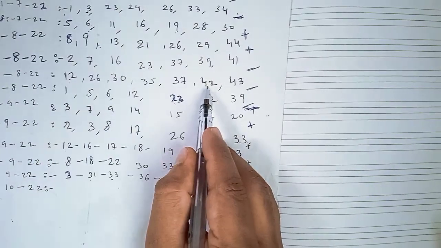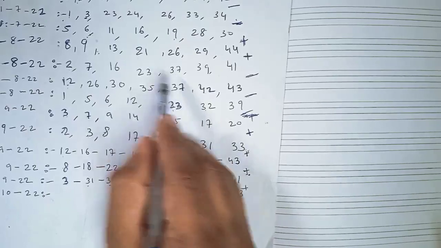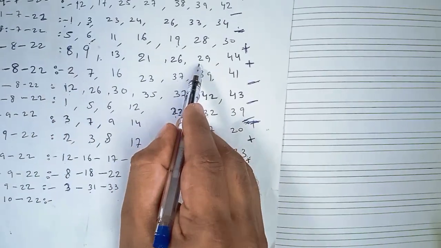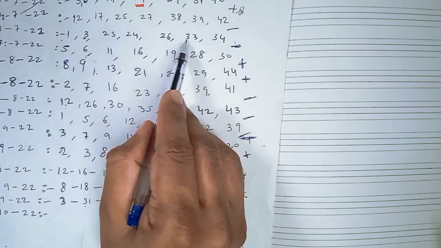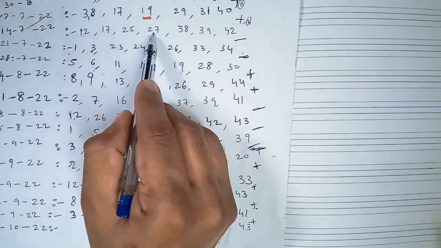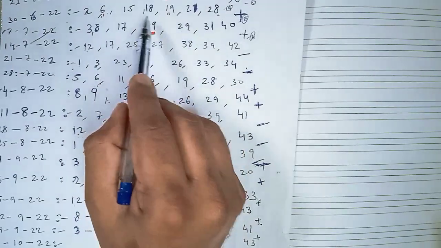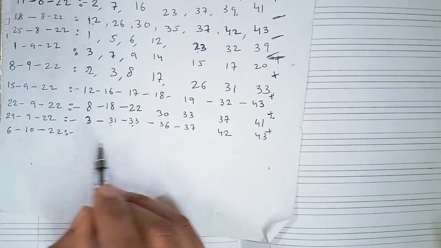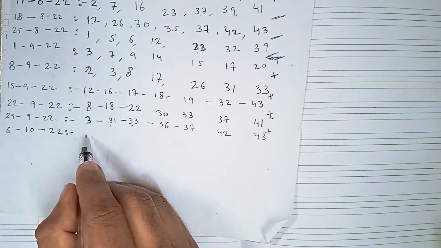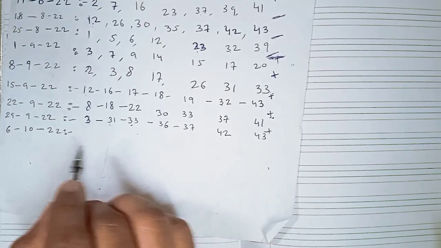Here 12, 42. 7, 37. 9, 29. 6, 16. 3, 23, 33. 17, 27. 19, 29. 18, 28. At selecting time, choose 6, 16 or 17, 27 like this.